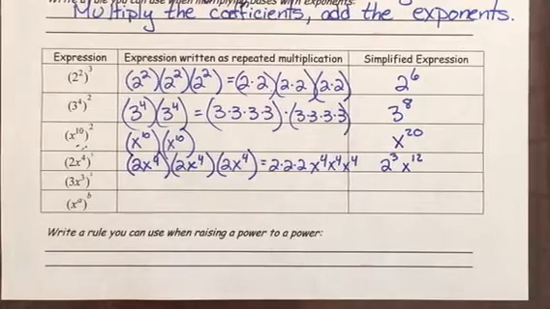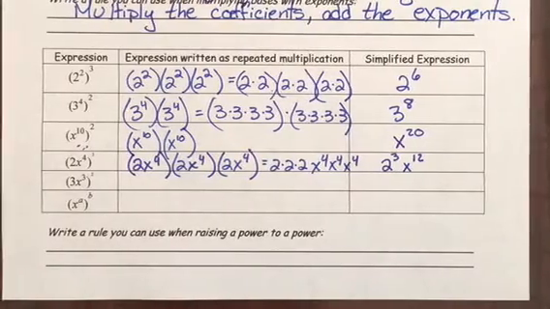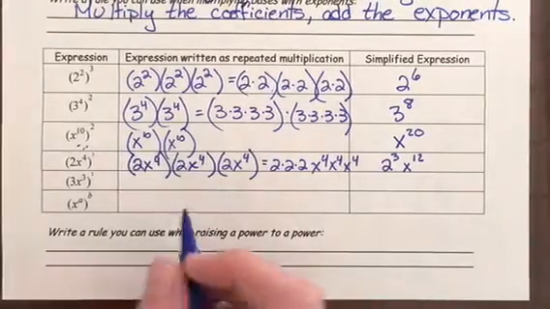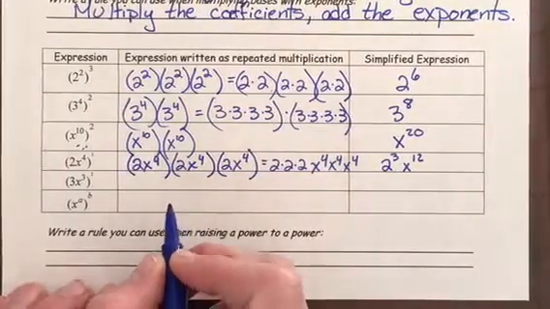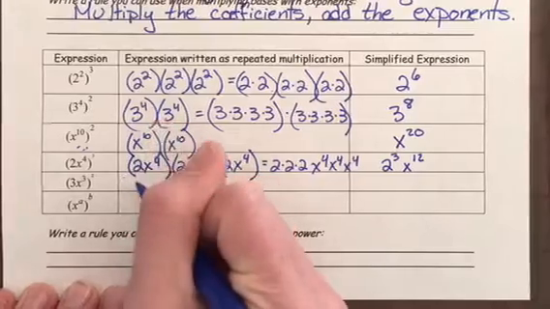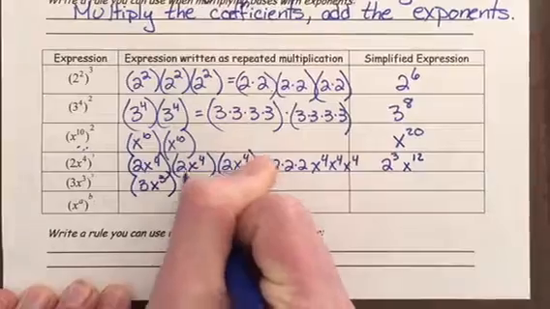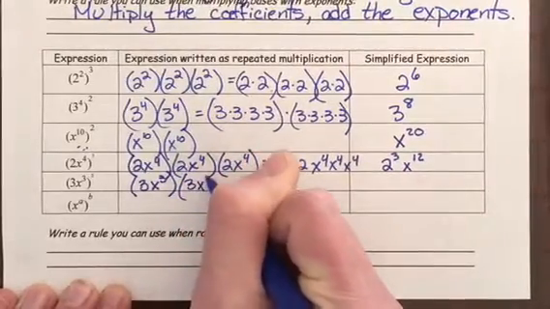So go ahead, you try the next one. See if you can write it out, and then come back to the video and see if your answer matches. When you do this, you should get 3x cubed times 3x cubed.